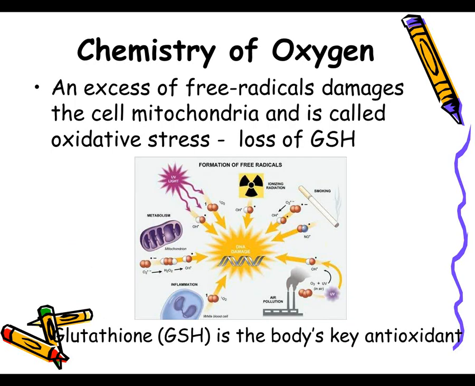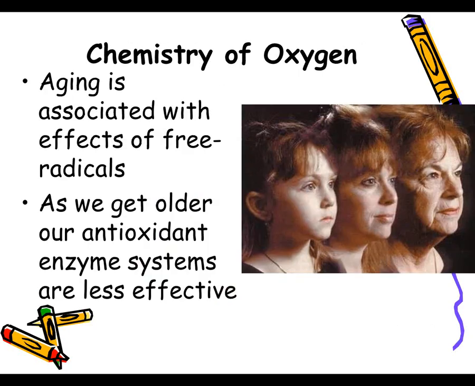Our body is bombarded by free radicals all day, from the sun, from medications we take, food we eat, air pollution, and if you smoke, all those things bombard your body with free radicals. We see this bombardment through aging. Aging is associated with the effects of free radical formation.